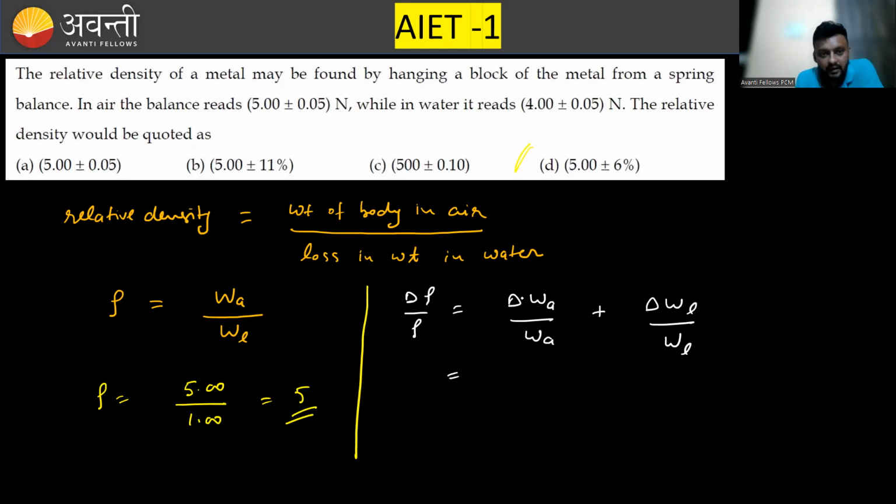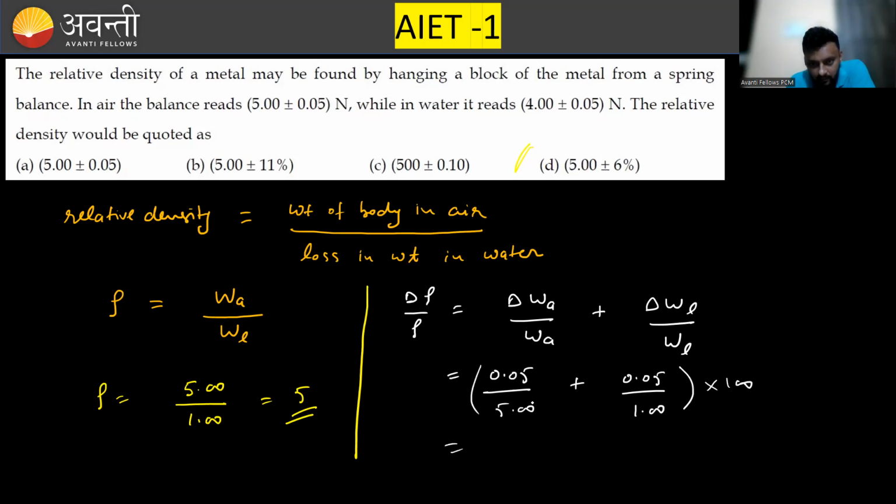Error in the measurement of air portion is 0.05 divided by weight 5, plus error in the measurement in water, that is again 0.05 divided by weight loss 1. And everything is in percent, I think. So you can solve it here. For percentage, if you multiply by 100, it will become 5 by 5, that is 1, plus 5 by 1, that is 5, that is 6%.